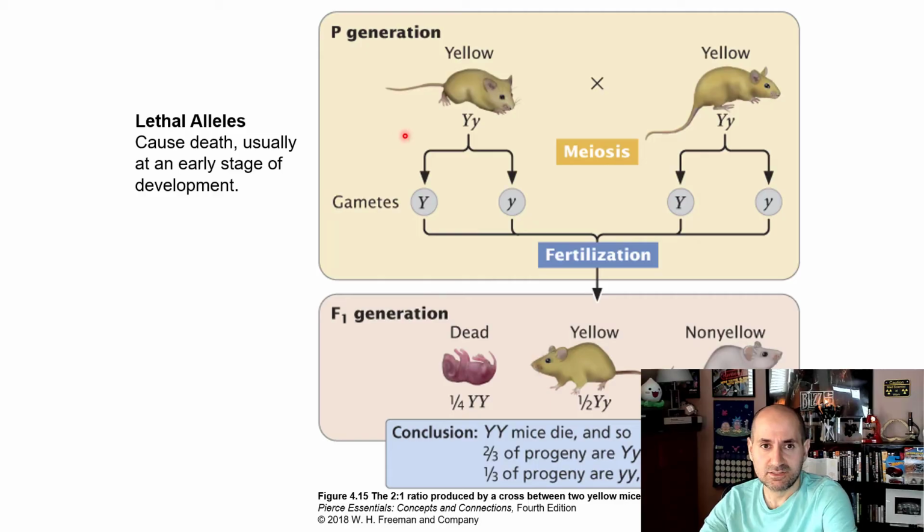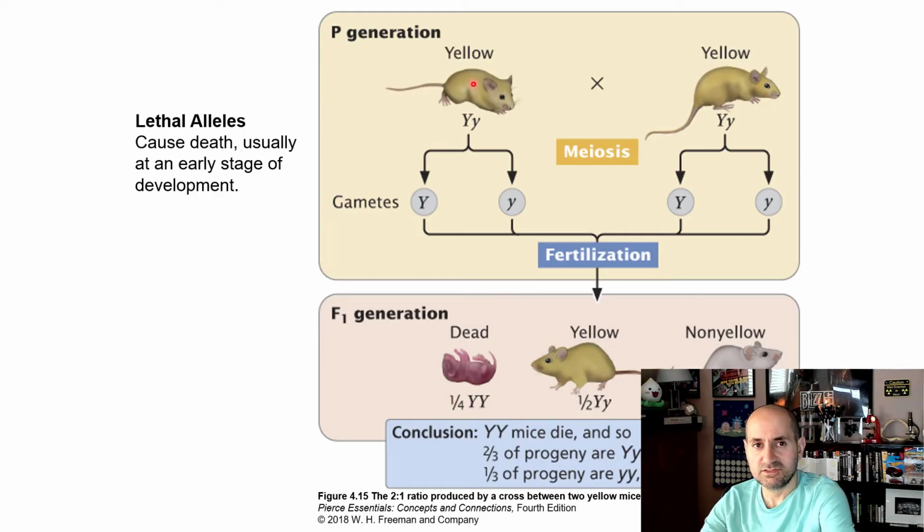So look at yellow fur color. If you're homozygous dominant for big Y, that's actually a lethal allele. It results in a dead pup, right? And this is a miscarriage. This would not be a living birth, right? This would not be a viable birth.